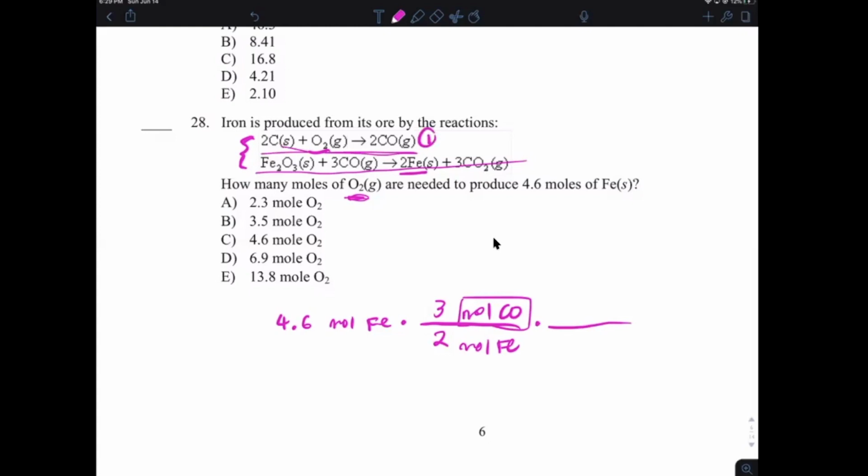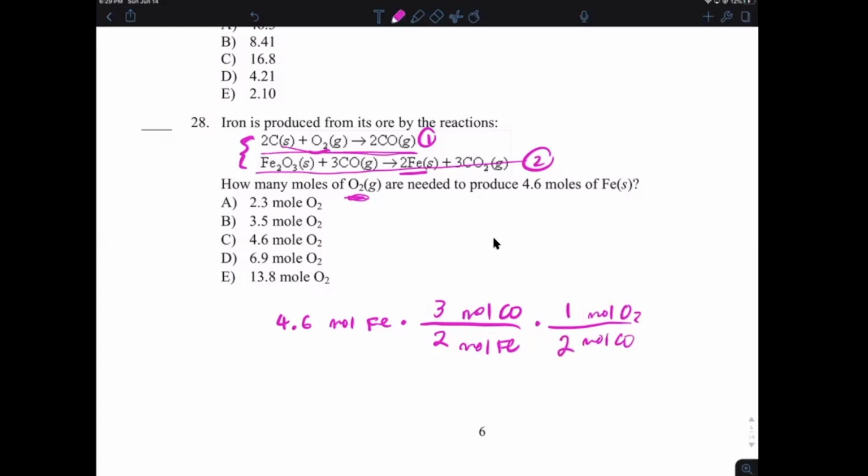Should we use this one or this one? Yeah, the first one. So which should go on the top here and which should go on the bottom here? Yeah, perfect. So 1 goes on the top and then 2 goes on the bottom.